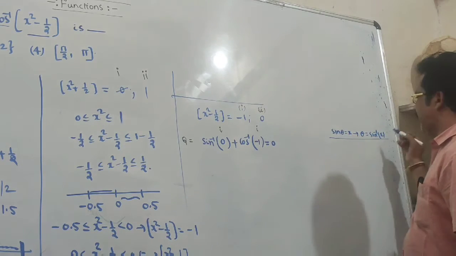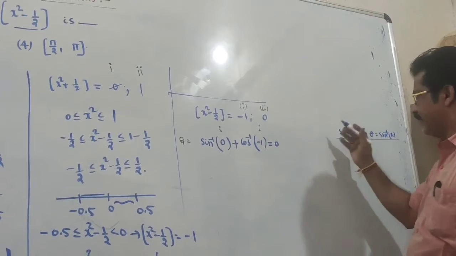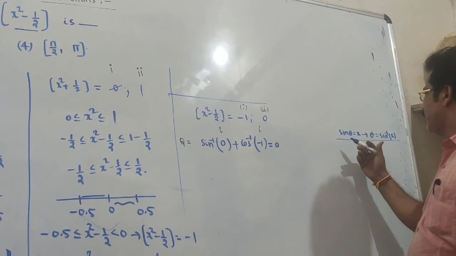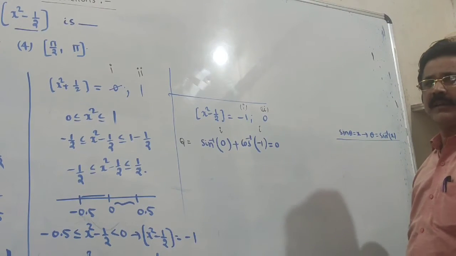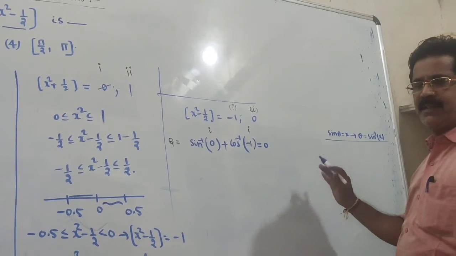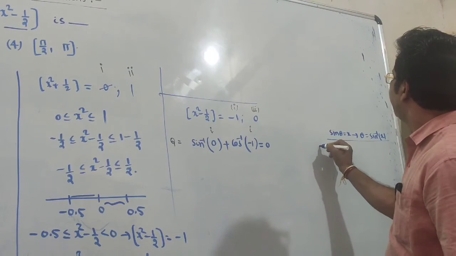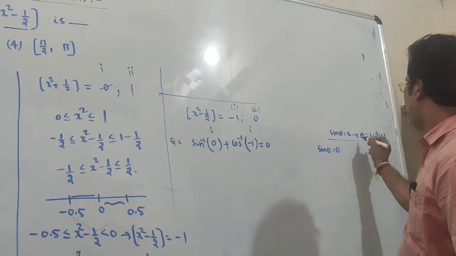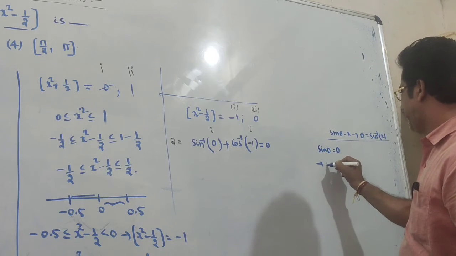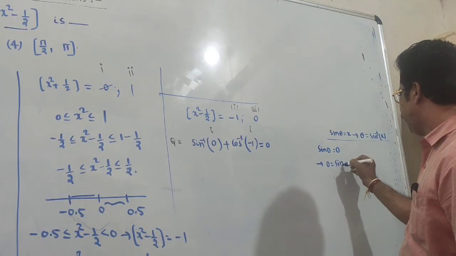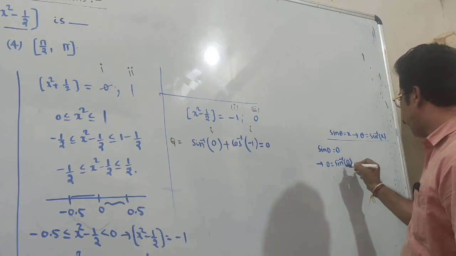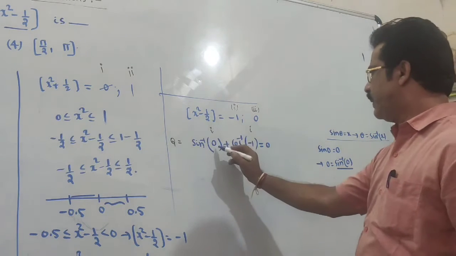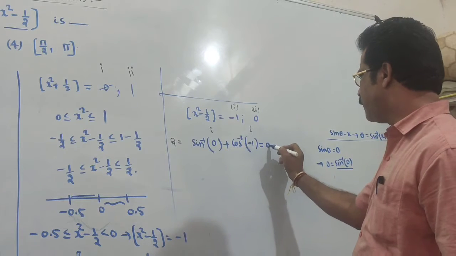Later in this topic we shall discuss the conditions for theta and x; it is out of question at present. Here sine 0 degrees is equal to 0, so in the same sense theta equals sine inverse of 0, and its value is equal to 0.